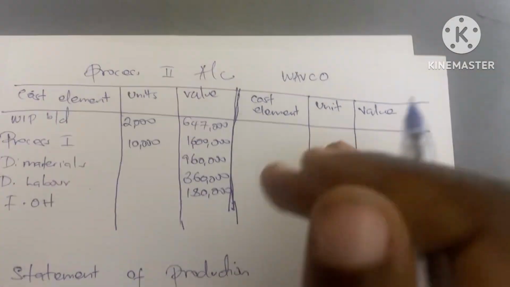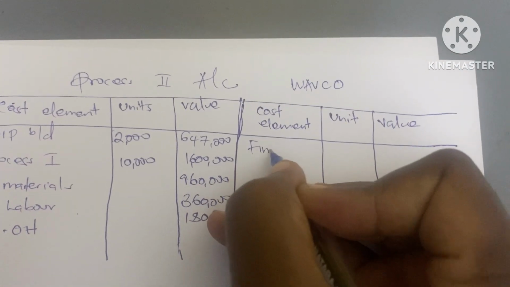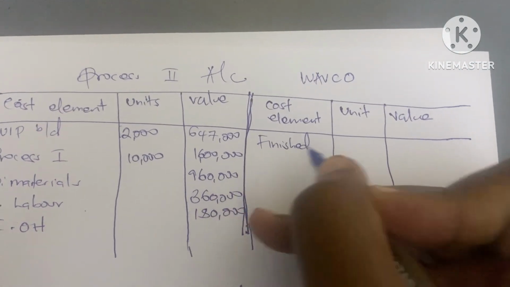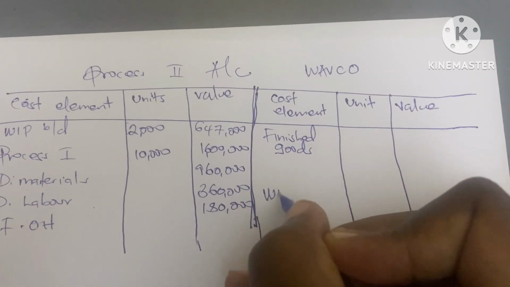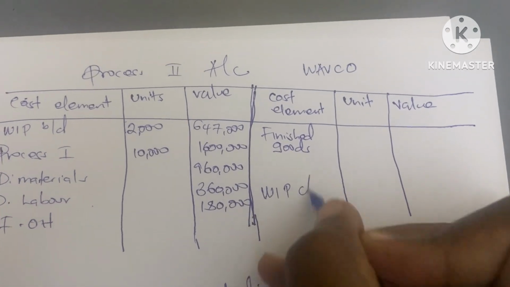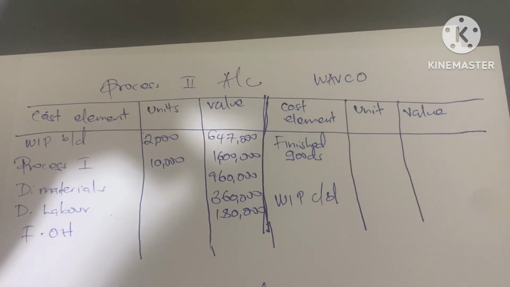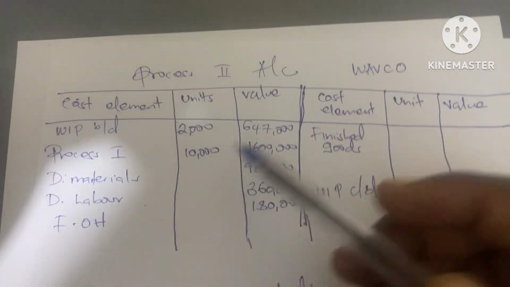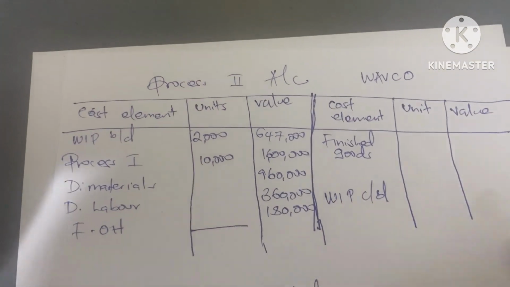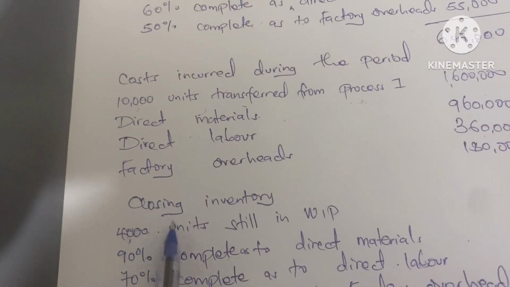Then we come to this side, we shall have finished goods. And also work in progress, the closing balance carried down. So for the units, the closing work in progress was 4,000.